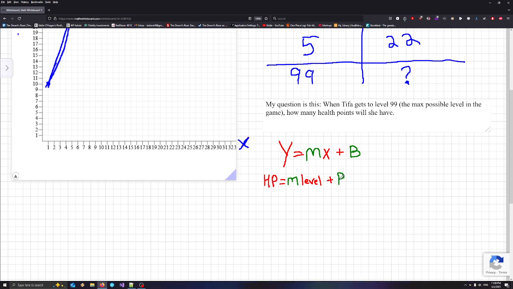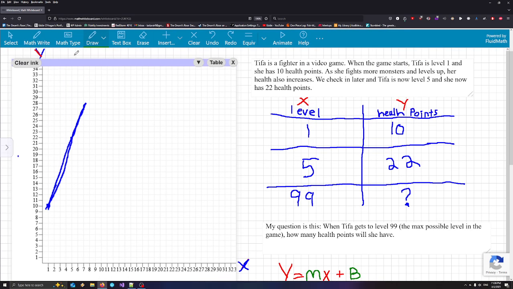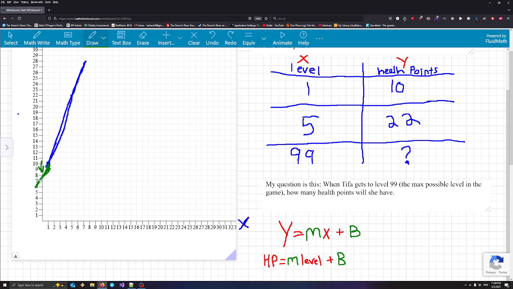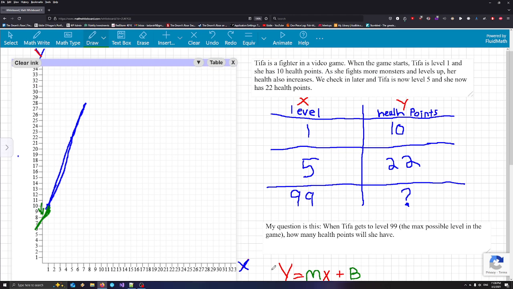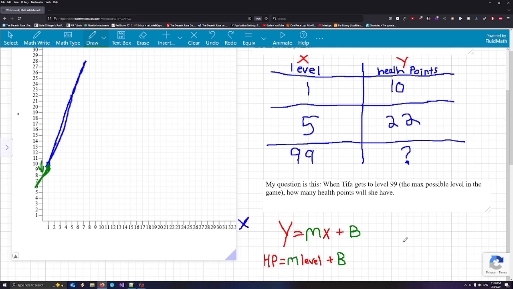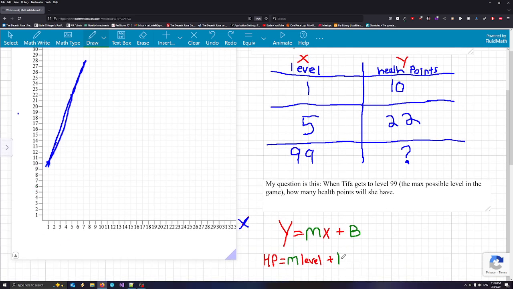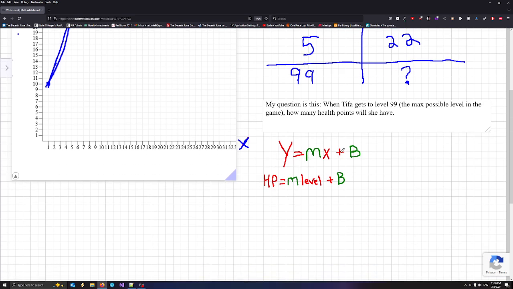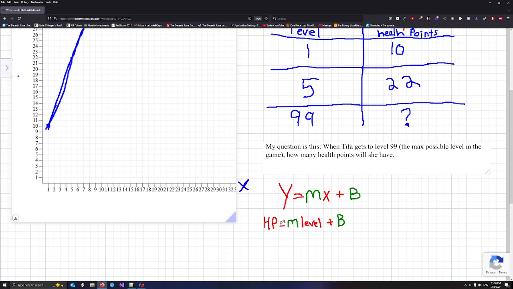The y-intercept is literally what it sounds like. It's where our line intercepts with the y-axis. You can see it's probably going to be around 8, but we have to actually solve it to get the actual value. We can't really eyeball it. So this is the same thing: y equals mx plus b. In our case, HP is equal to slope times level plus b.